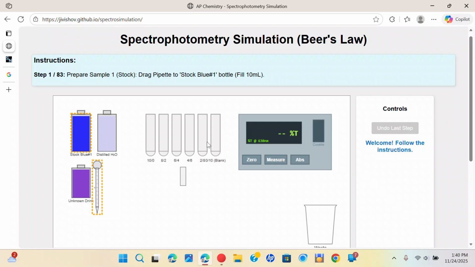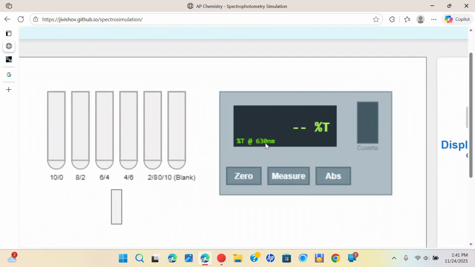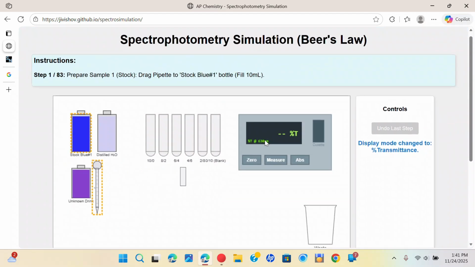And each of these dilutions will be transferred to a cuvette, which will be placed in this standard lab colorimeter that will then measure the absorbance or transmittance of the solutions, or in other words, how much light passes through the solutions at a preset specific wavelength, like the 630 nanometers that you see here.